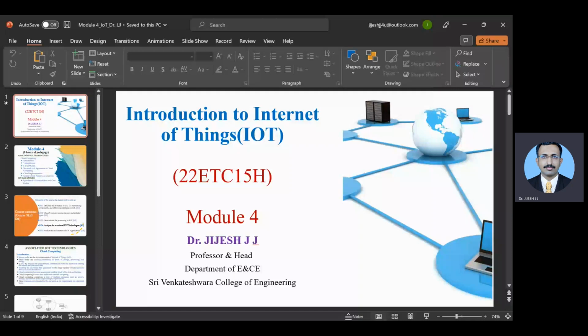So this entire thing will cover your module 4: cloud computing as well as the IoT case study on agriculture IoT. In the next module again we will be studying some more cases. So you can note down module 4, associated IoT technologies, and these are the topics we are going to discuss in module 4.